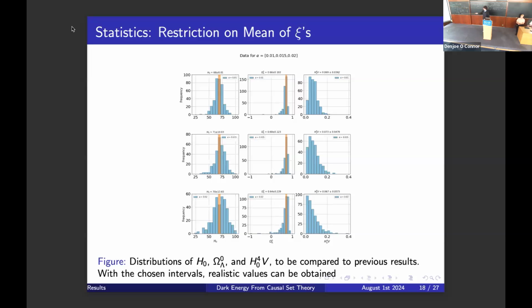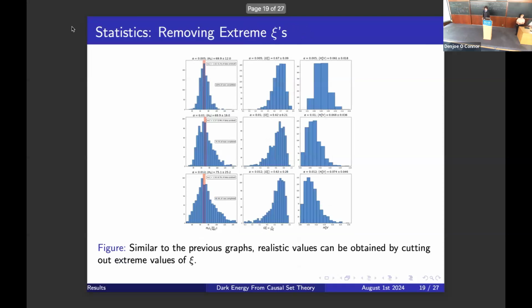But overall, with these limits on the mean kappas, the mean H naughts are around 70, and they also correspond to good values of omega lambda of around 0.7. These are the results for removing extreme values of kappa of the random numbers.